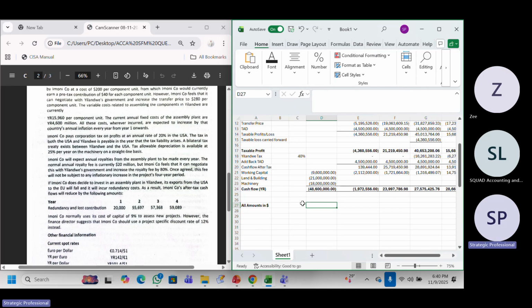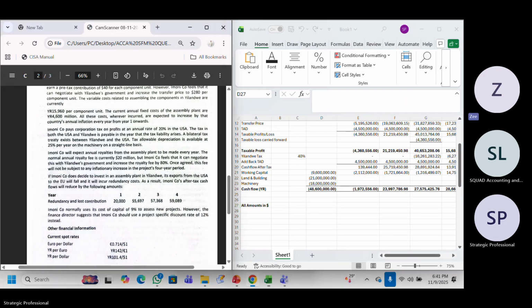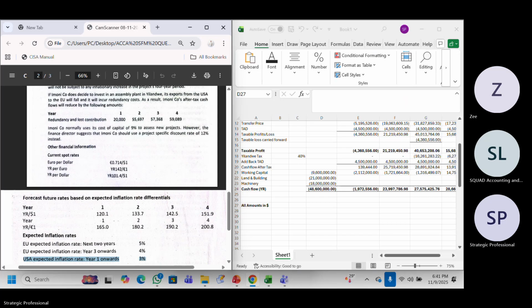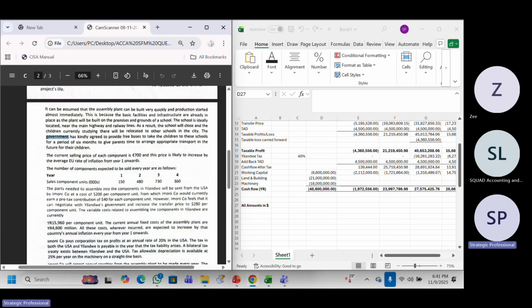It's in the question. Is it the one for 120.1 and 1337? Yes, ma'am. Okay, that's it. I'll just divide.